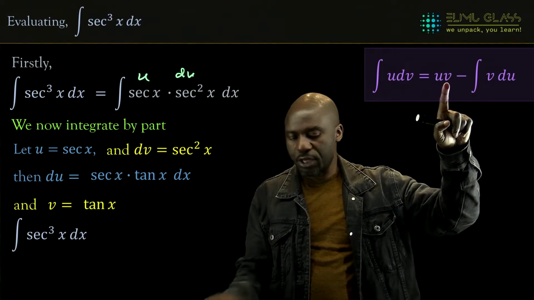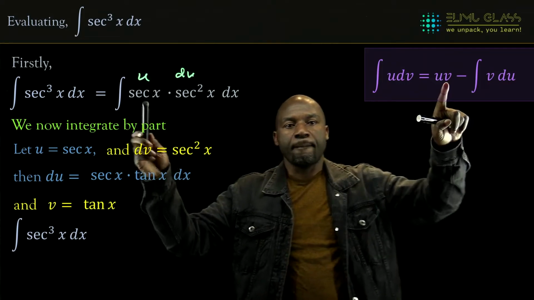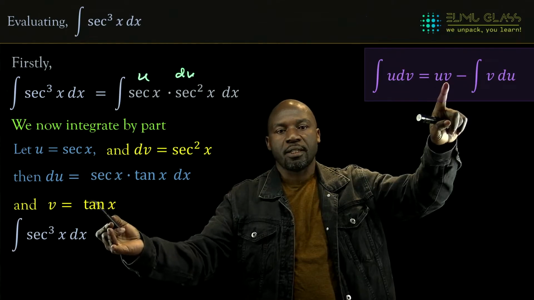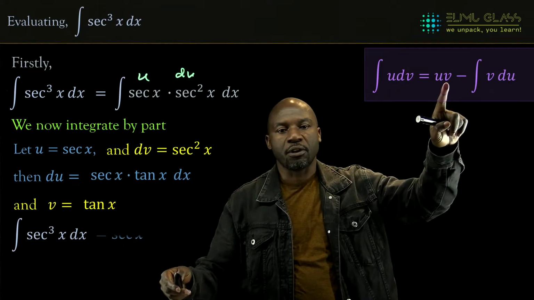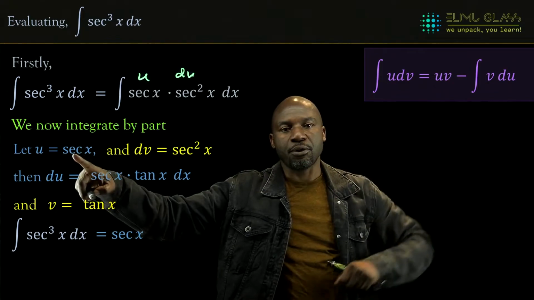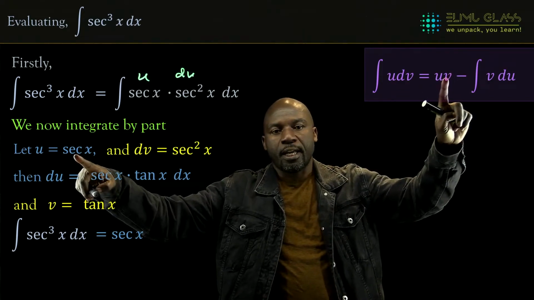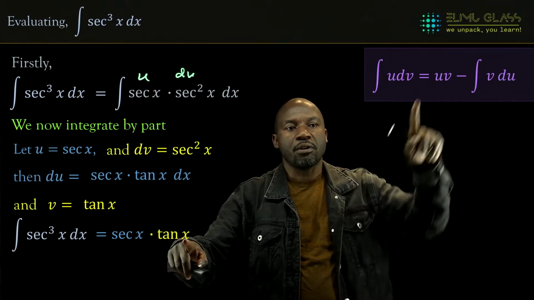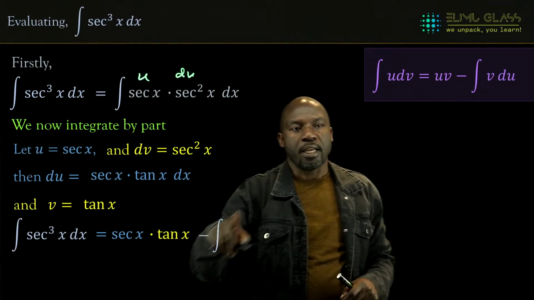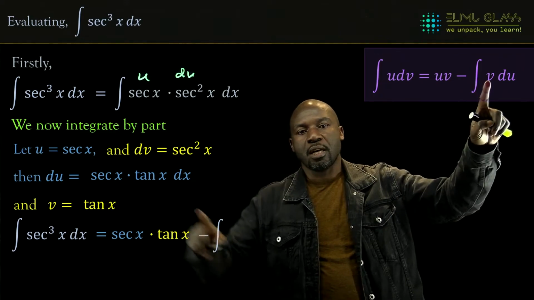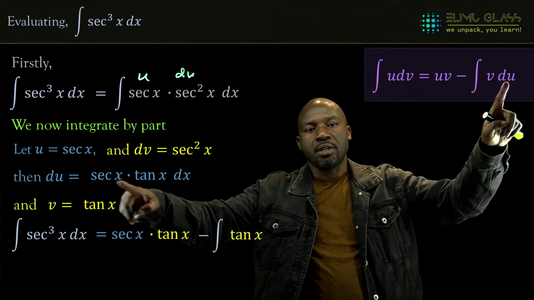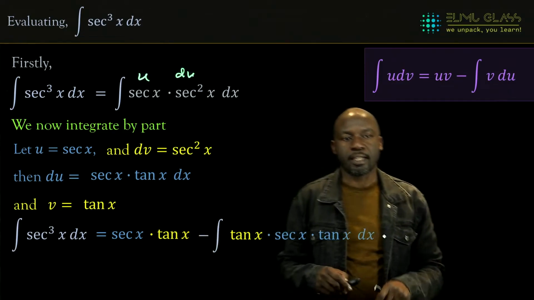My u is sec x and my v is tan x. So the first thing is sec x tan x, and then minus the integral of v du, where v is tan x and du is this expression here.